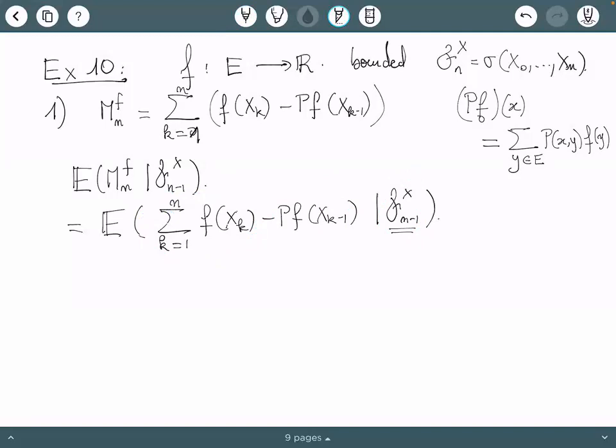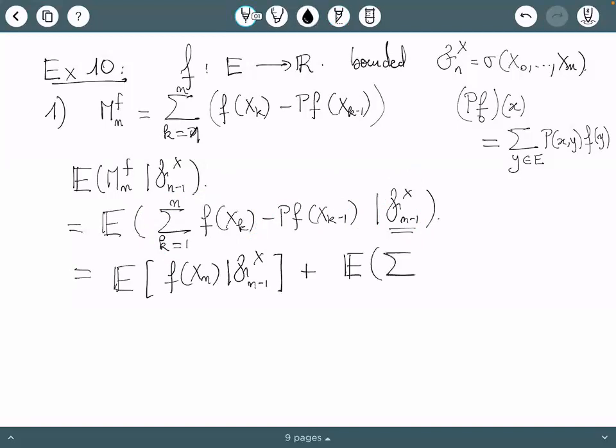This is the reason for which I will separate this into the expectation of f of xn given F_{n-1}^X, plus the conditional expectation of the sum over k equal 1 to n minus 1 of f of xk minus Pf of xk minus 1, given F_{n-1}^X.